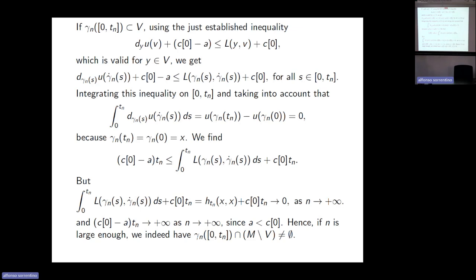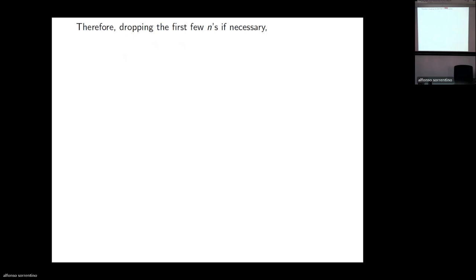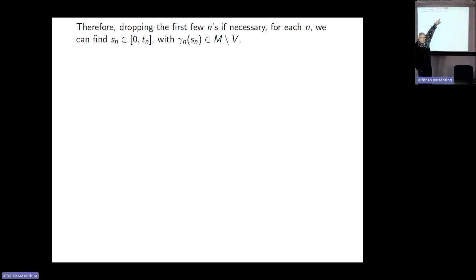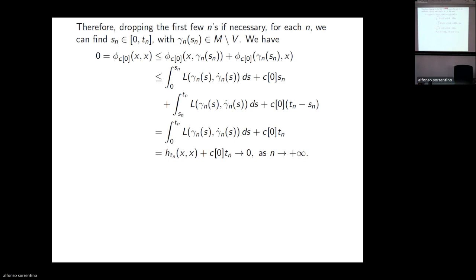Okay? And therefore, when n is large enough, the path of the curve intersects the complement of V. Now, dropping the first few if necessary, for each n, we can find a time Sn such that the curve gamma n at time Sn goes through M minus V. What do we get?